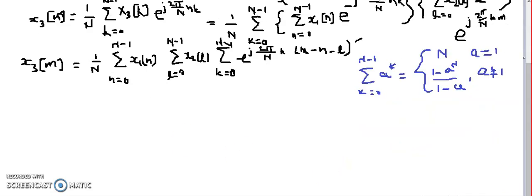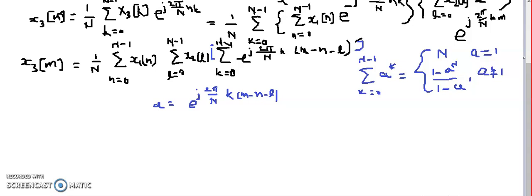Okay, sum of a GP. So for this thing, what is a? a is e raised to power j 2 pi by N k (m minus n minus L).